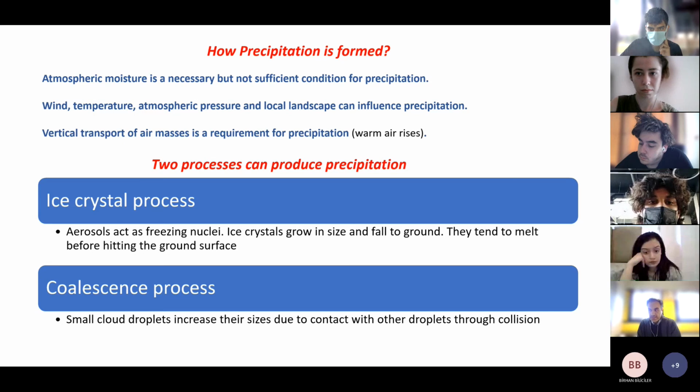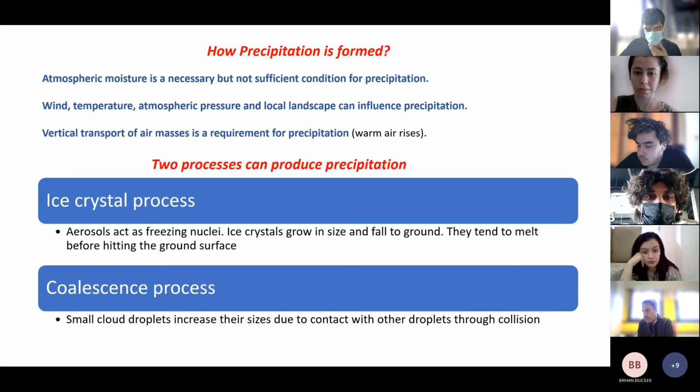But let's go to the ice crystal process. In the ice crystal process, aerosols act as freezing nuclei. Ice crystals grow in size and fall to the ground. They tend to melt before hitting the ground surface.